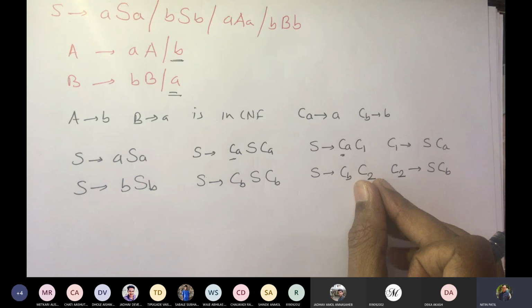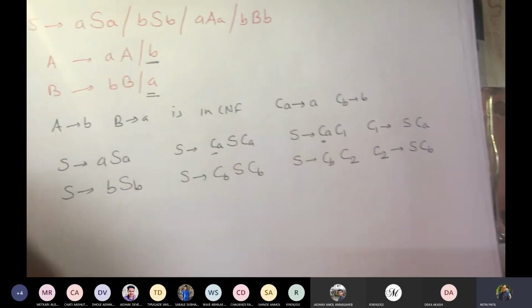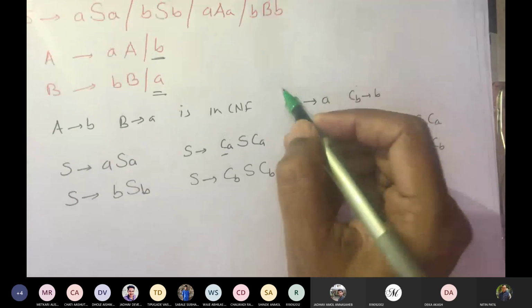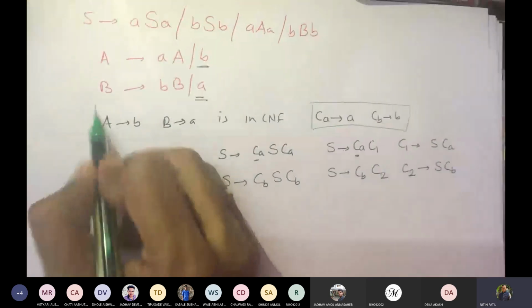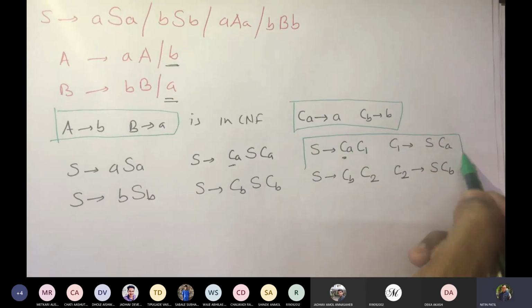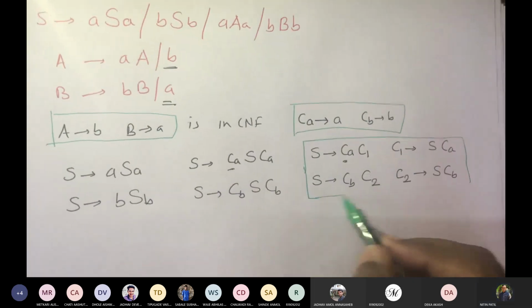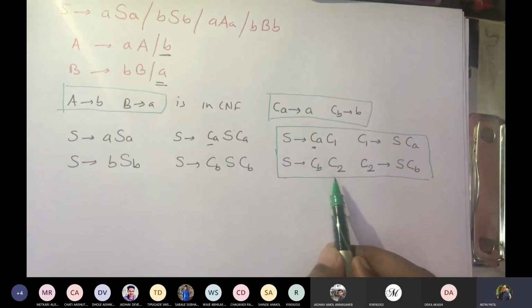Is that okay? Now if we carefully see, let me mark it. Which ones are of the form? This one is of the form, correct? These two also are of the form. These two, rather these four, are of the required form: only two variables on the right side. Can we see that?